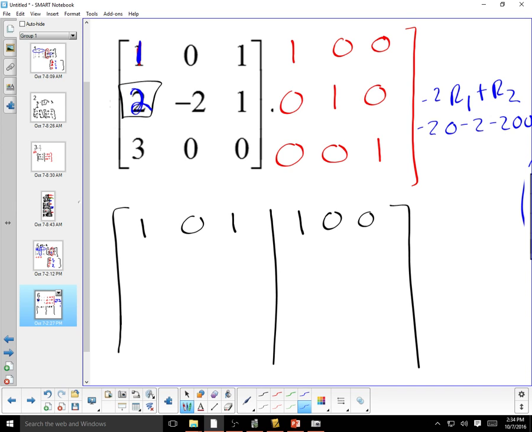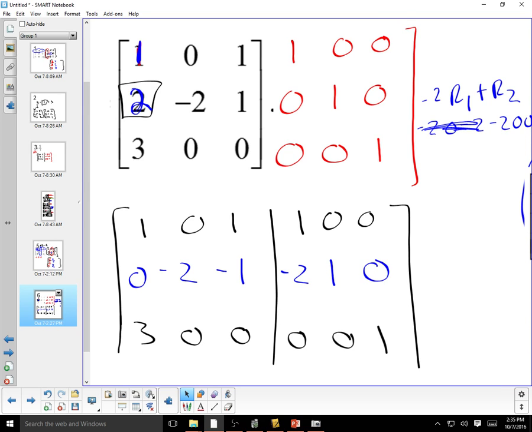So 2 plus a negative 2 gives me 0. Negative 2 plus 0 is negative 2. 1 plus negative 2 is a negative 1. Correct? So I've got these taken care of. And then I've got 0 minus 2 is a negative 2. 1 plus 0 is 1. 0 plus 0 is still 0. And the last row doesn't change at all. So 3, 0, 0, 0, 0, 1.